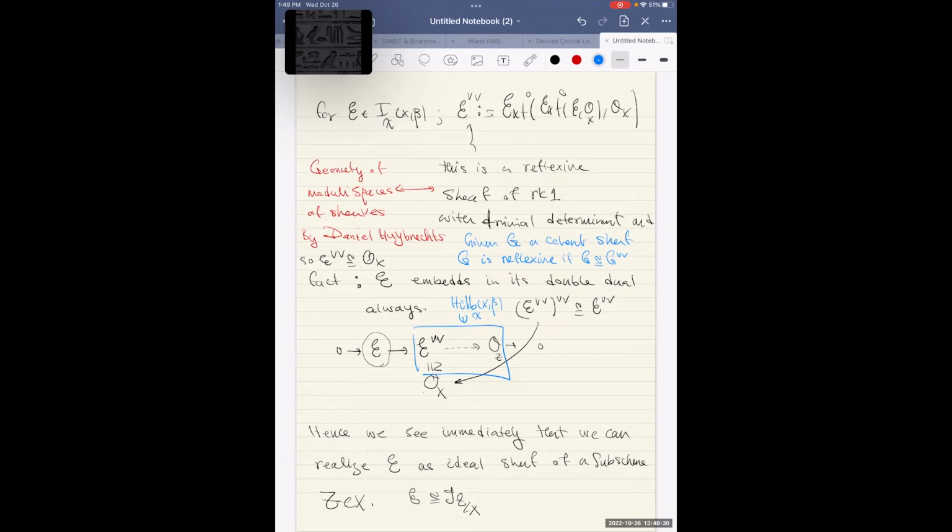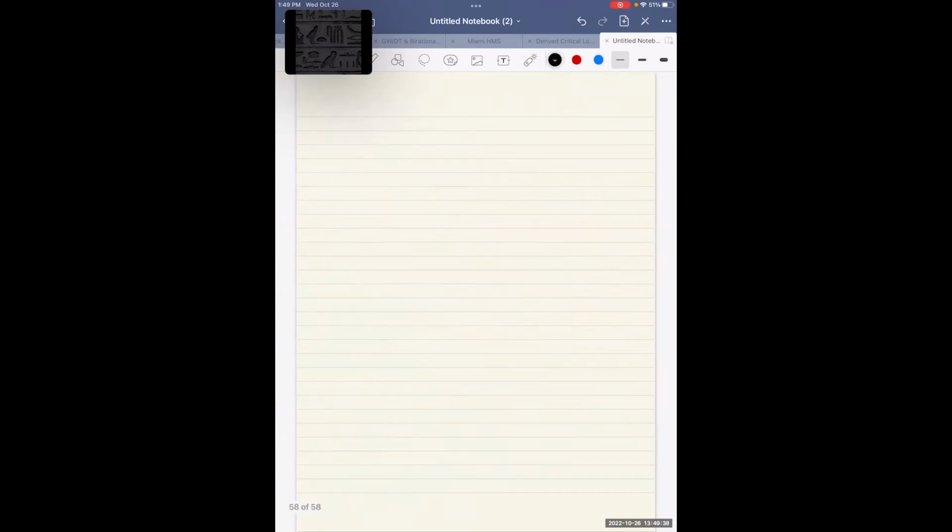Okay, so this is good, while the underlying subscheme Z associated to the ideal sheaf of Z inside X are the same as in the Hilbert scheme.